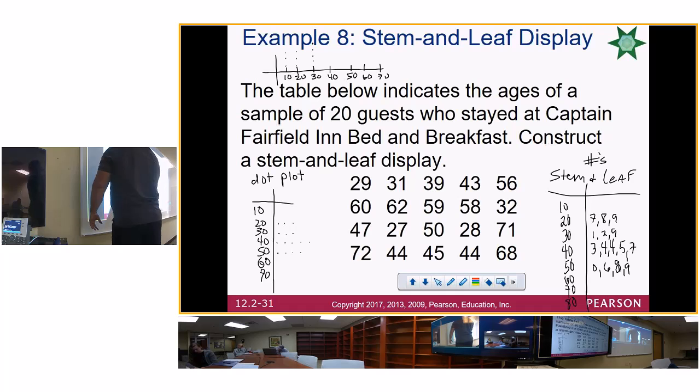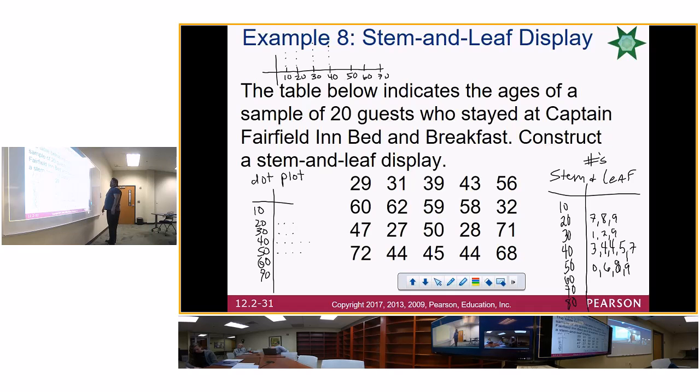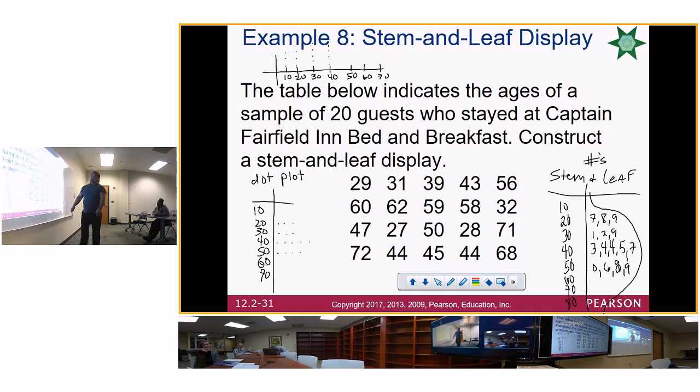Everybody got it? Usually you don't do a stem and leaf sideways, and you can also see that it's starting to look like a curve. If you kind of draw it, start to see here that it's a little bit of a curve. Okay?